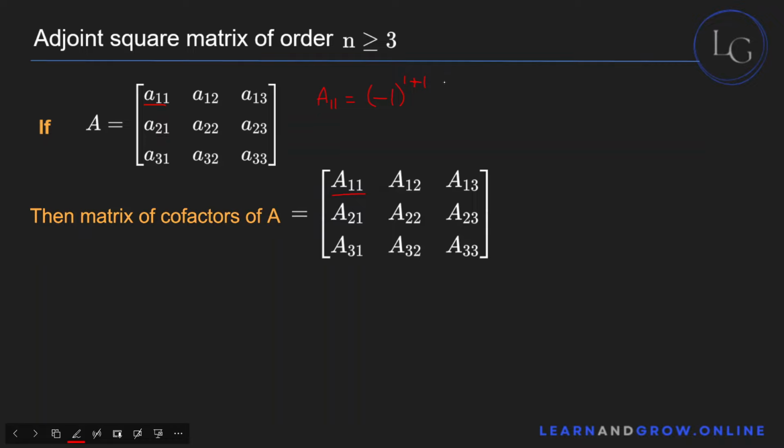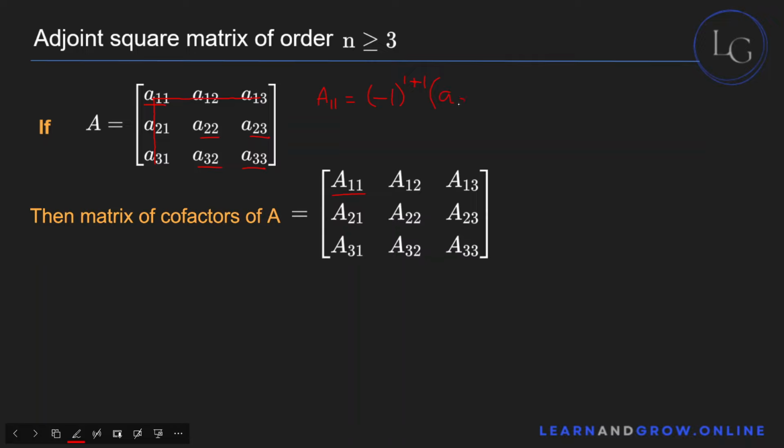And then you'll multiply that with the minor of A11. So how do we find the minor of A11? Well, you'll first delete its row and then you delete its column. And the determinant of these remaining elements will be the minor.